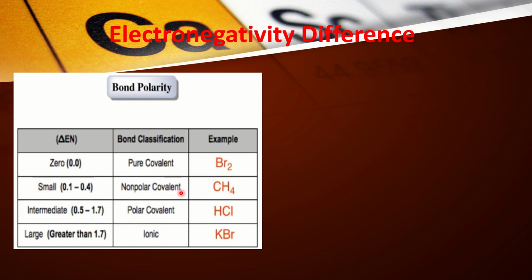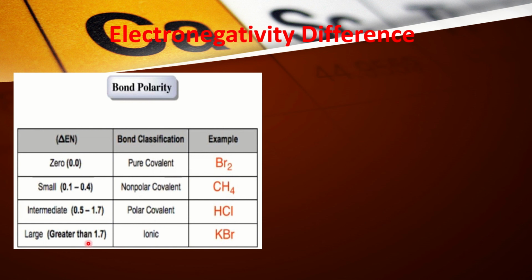When the electronegativity difference of two atoms is 0.5 to 1.4, they are called polar covalent compounds, like water, hydrochloric acid. Here in hydrochloric acid, the electronegativity of hydrogen is 2.1 and chlorine is 3, so the difference is 0.9. So the compound is polar covalent.